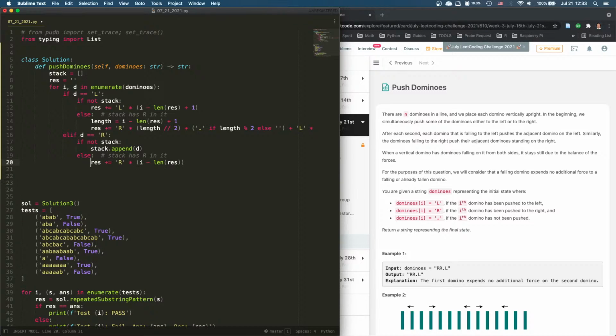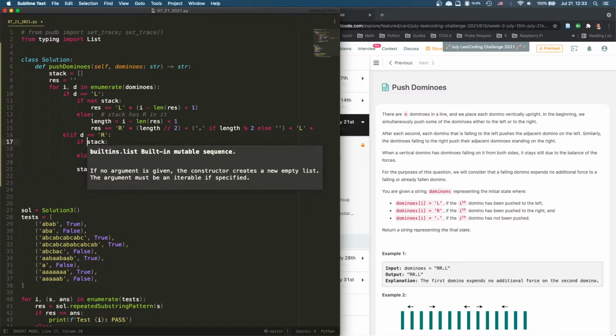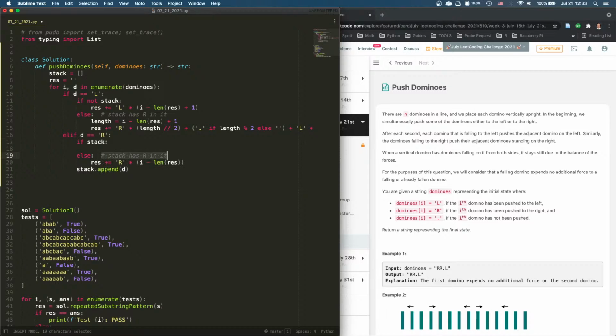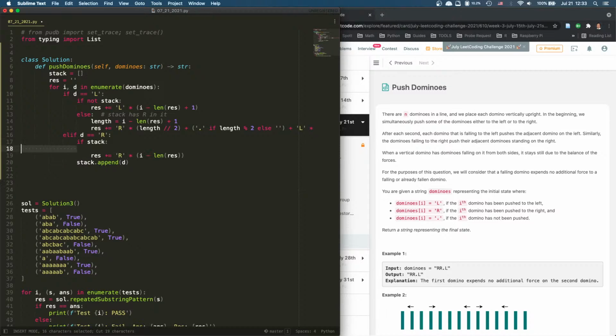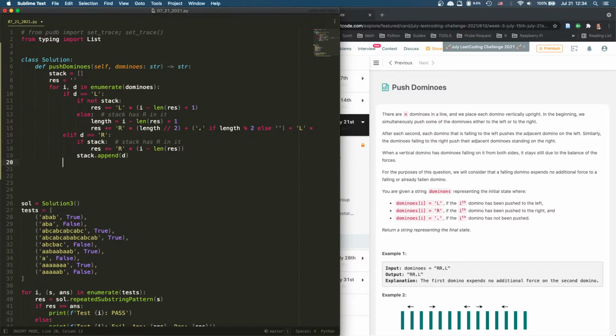After we do this, stack dot append, which we can actually do this, right? Move things around, because whenever we find R, we will push it in no matter what, because we have to do this as a chain, right? Stack dot append. Else, if it's a dot, then we don't do anything.